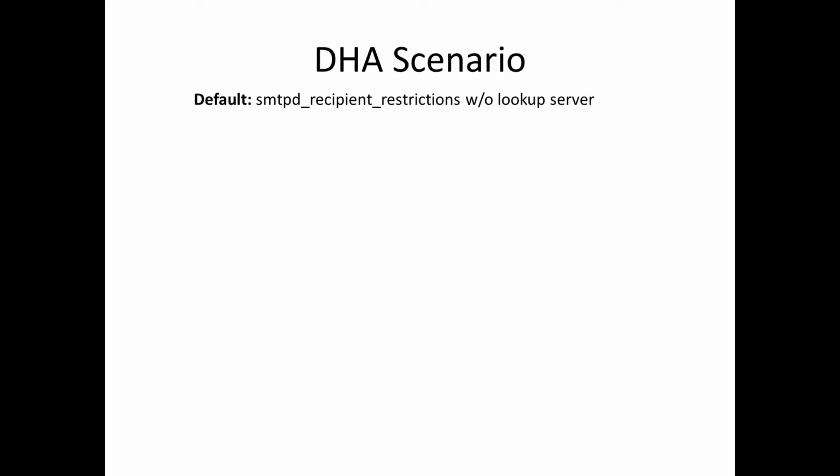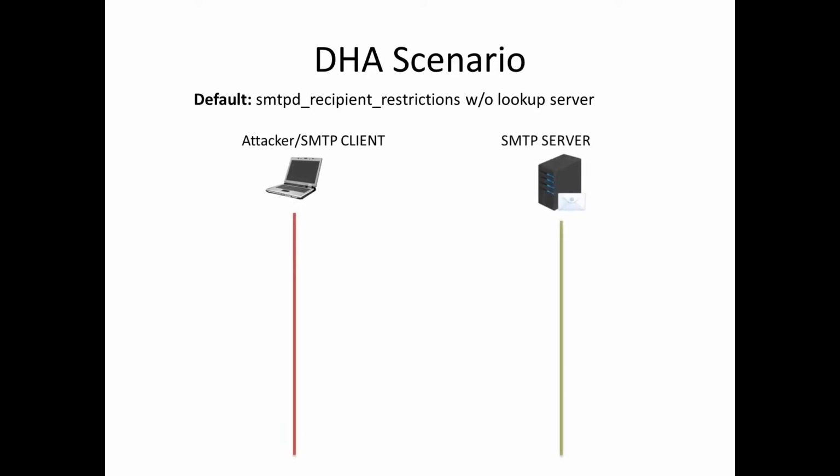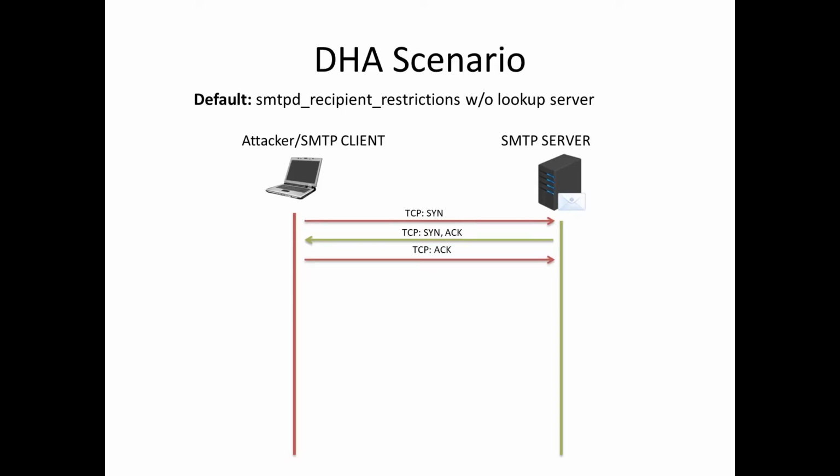To reiterate, let's say we have an SMTP server and, in this case, an attacker. Let's assume the default configuration for the smtpd_recipient_restrictions parameter. An attacker will start the TCP handshake with SYN, the server will SYN-ACK, then the client will acknowledge.